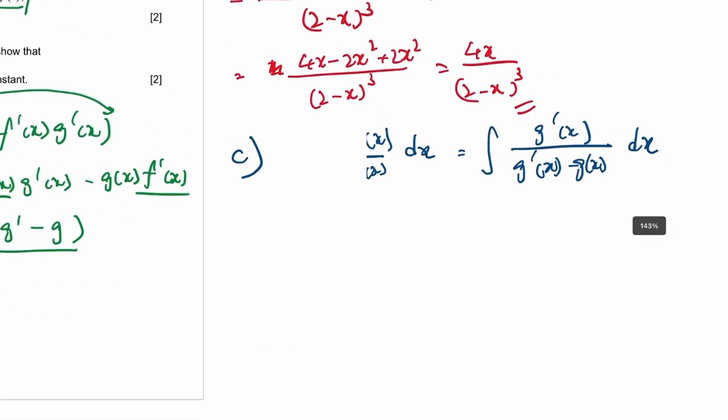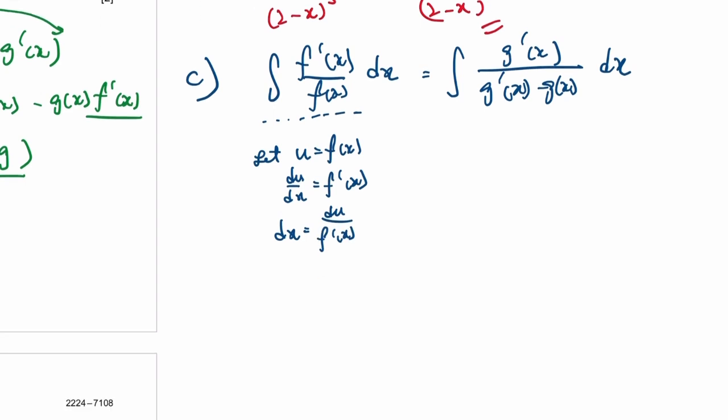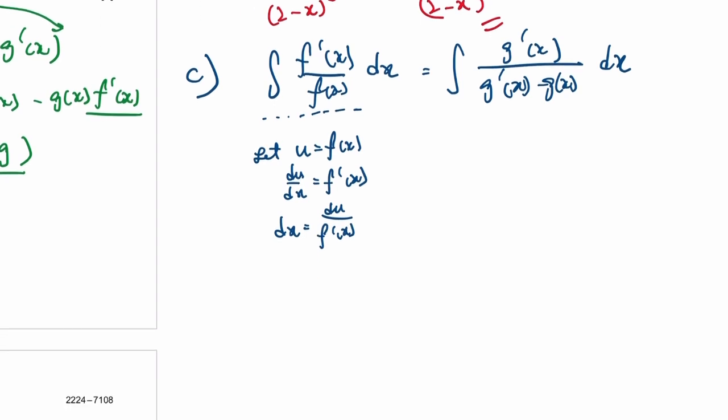The key is seeing that the left-hand side can be done by a substitution, because in some sense you can let u be f, then du dx is just f prime. So dx would be du over f prime, or you can do substitution in the way that you like, or you can even skip the process of doing substitution if you can just see the integral, which is possible because this is quite a basic substitution.